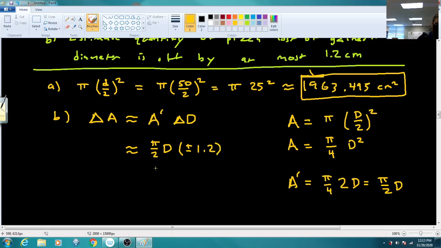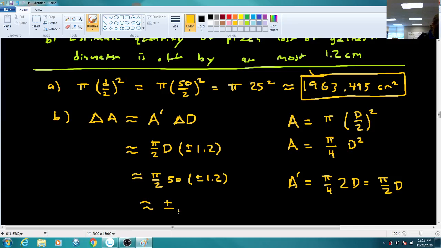They said the diameter is 50, so we've got pi over 2 times 50, and then plus or minus 1.2 multiplied to that for our estimate. So that's about plus or minus pi over 2 times 50, the diameter, times the 1.2 that we're off by.